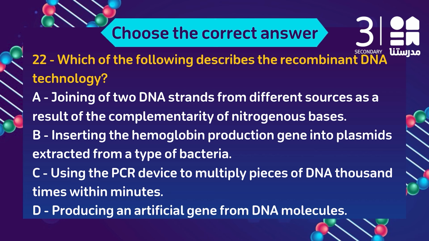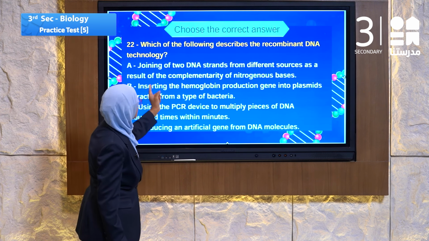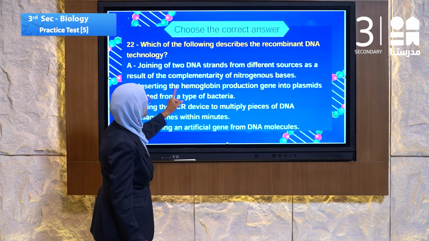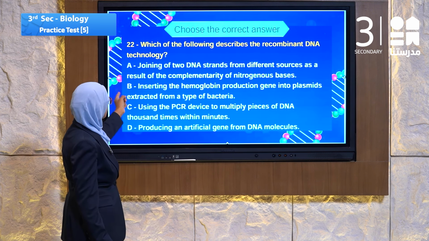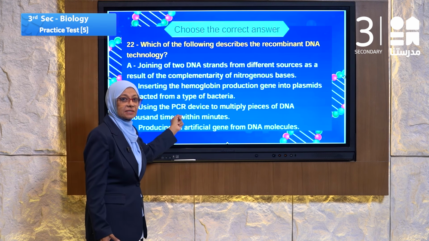Let's read the question and see. Which of the following describes recombinant DNA technology? A, joining of two DNA strands from different sources as a result of complementarity of nitrogenous bases.